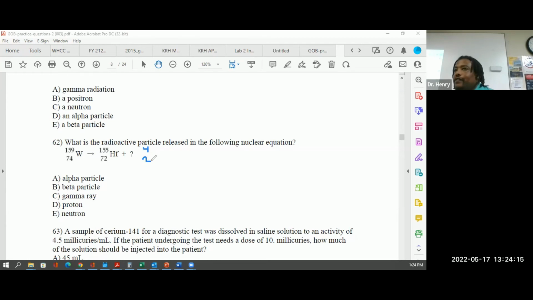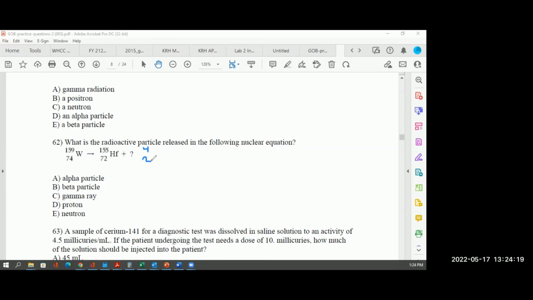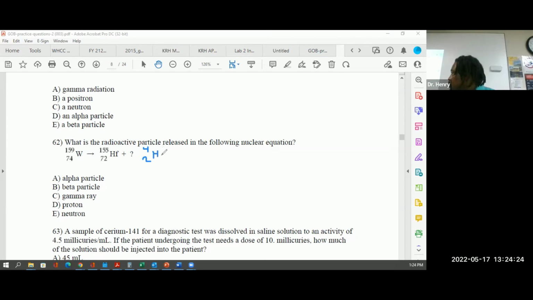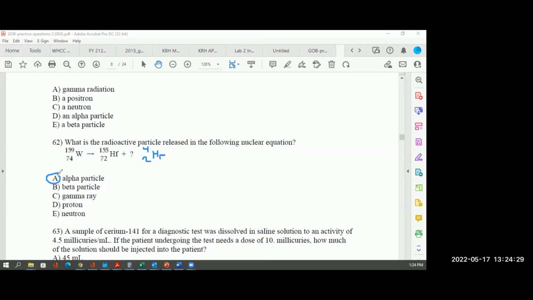What has a mass of 4 and an atomic number of 2? Helium. So we know this is also called an alpha particle. That is correct. Okay. Clear?